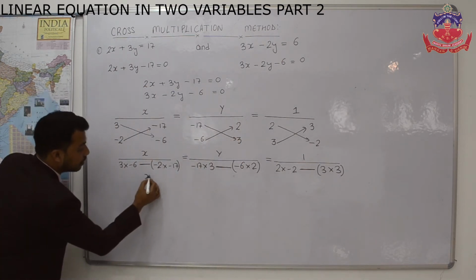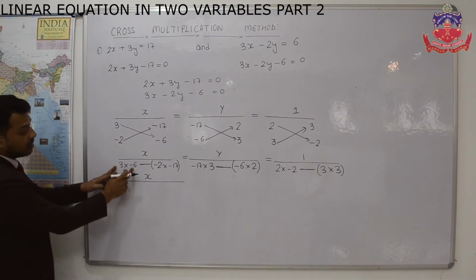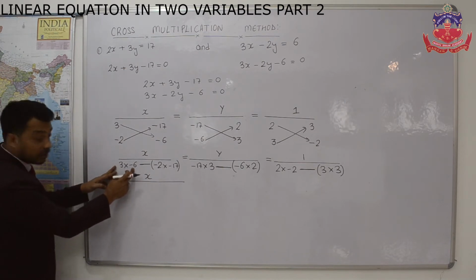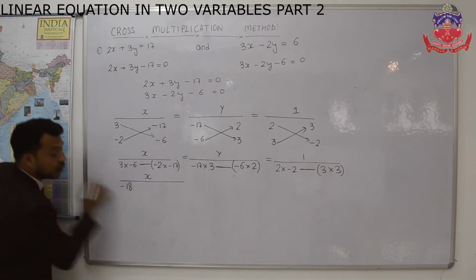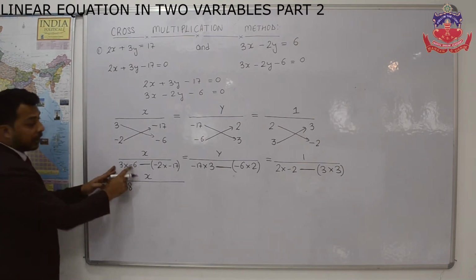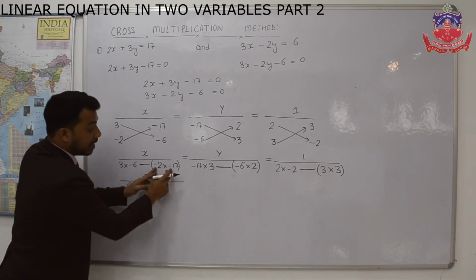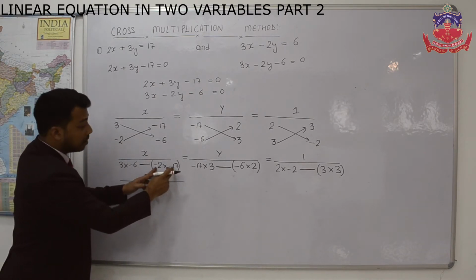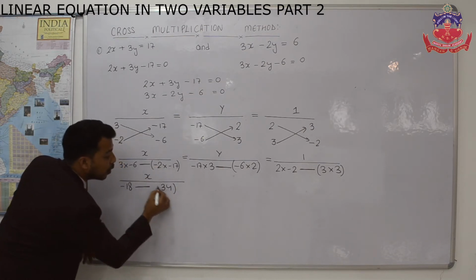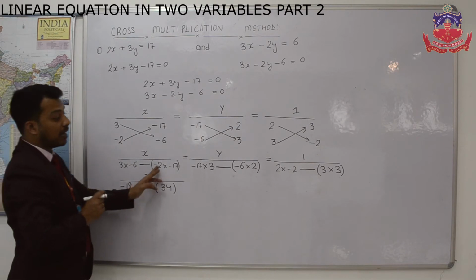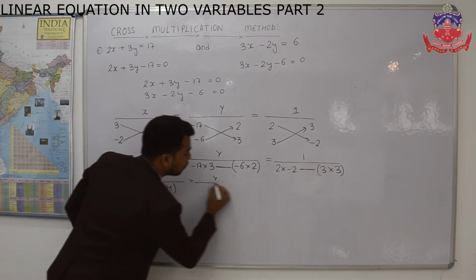Now for x, let's simplify this. So this will give you, 3 has a positive sign, this has a negative sign. So plus minus, minus 3 6 is 18. That is, in front of the 18 you will have a minus sign because we multiplied. Then you have this sign, that is of the formula. Minus minus inside the bracket will give you plus. 17 into 2 will give you 34. So you are not going to put any sign for the 34 because minus minus has given you plus. Equals to y.